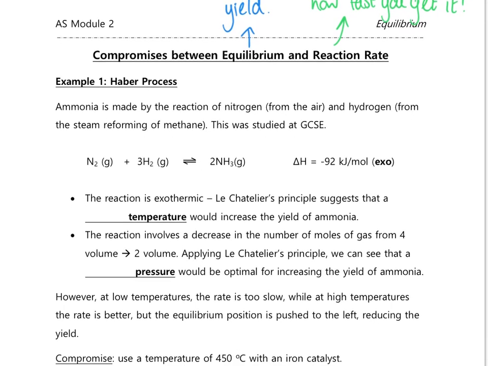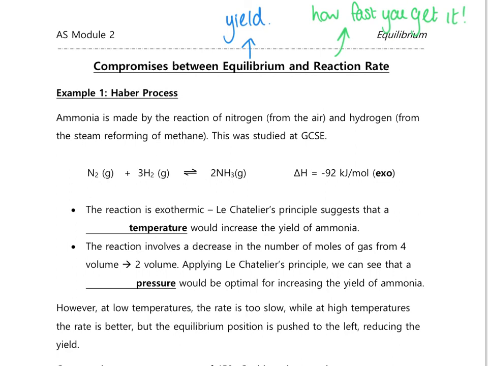The first example we're going to look at is the Haber process. And that's making ammonia. You can see that this reaction is exothermic from the negative enthalpy change. So let's look at the effect of temperature first of all. So we've said that the forward reaction is exothermic.